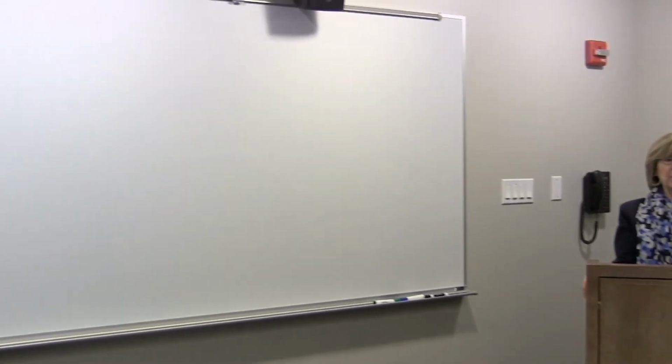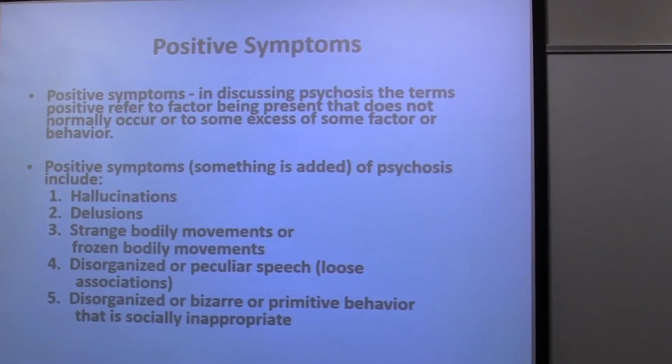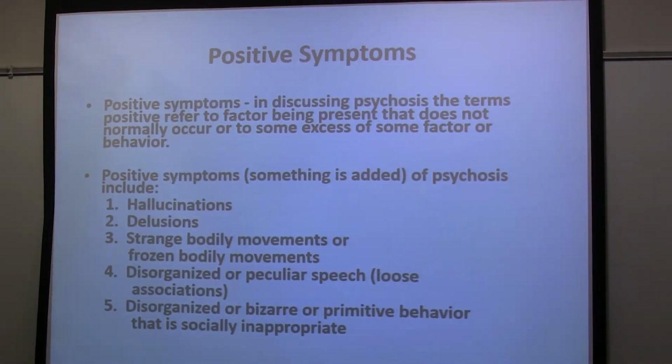In the diagnosis, in psychotic disorders, we have something called positive symptoms and negative symptoms. So when I think of positive, I always think of adding something, and negative is taking something away. So I want you to remember that. It's an easy way to remember. So positive symptoms refer to a factor being present that does not normally occur or to some excess of some factor or behavior.